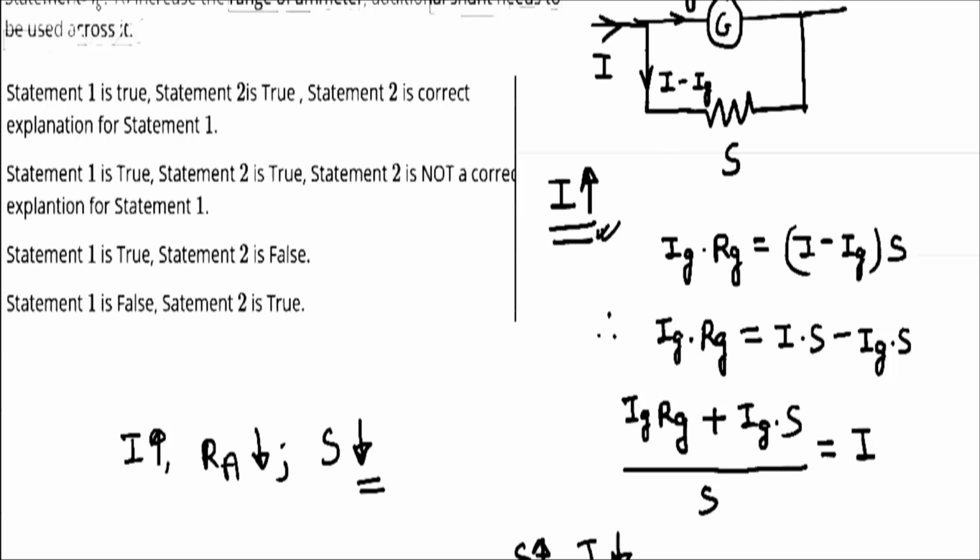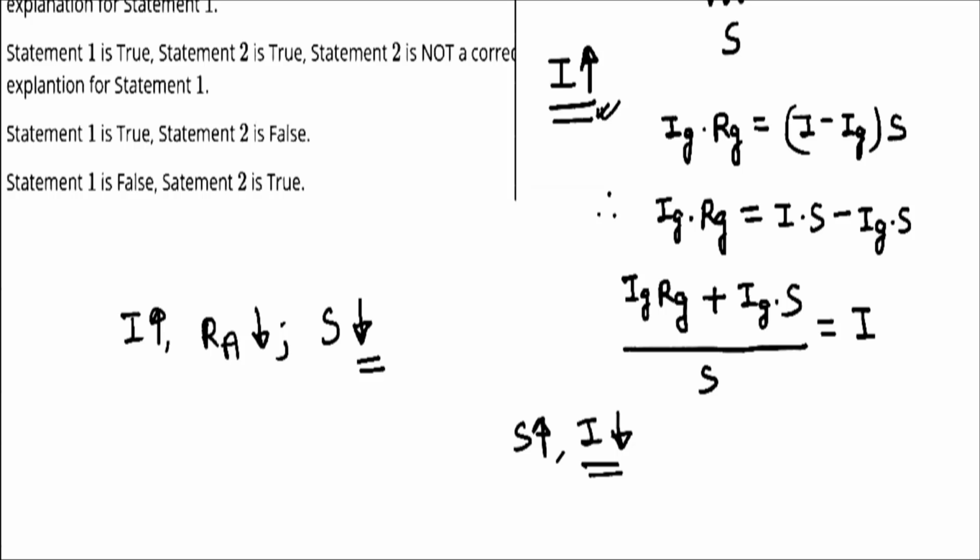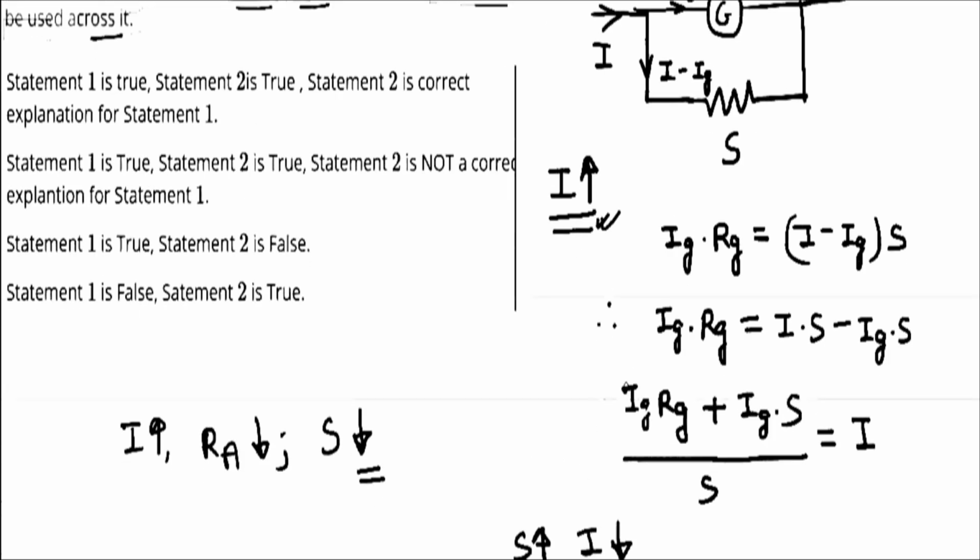Now let's talk about statement 2. To increase the range of the ammeter, an additional shunt needs to be used across it. As we can see, the shunt is connected in parallel combination with the galvanometer.